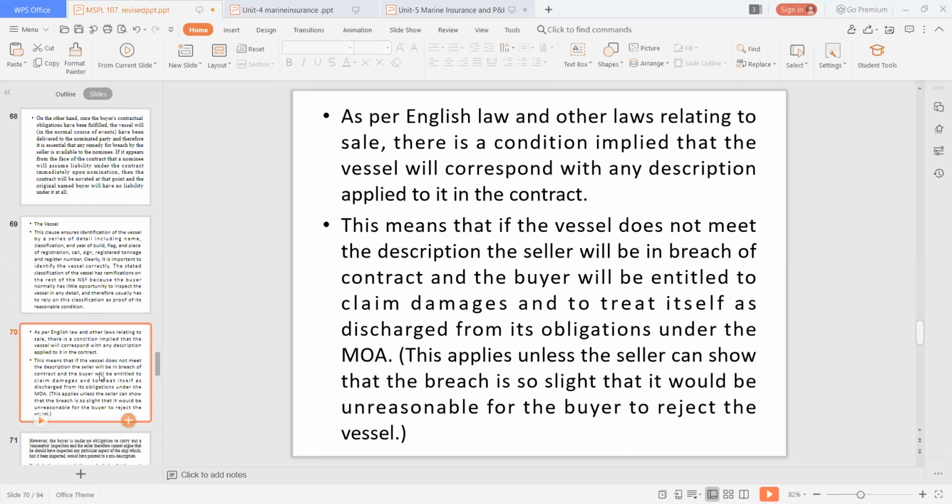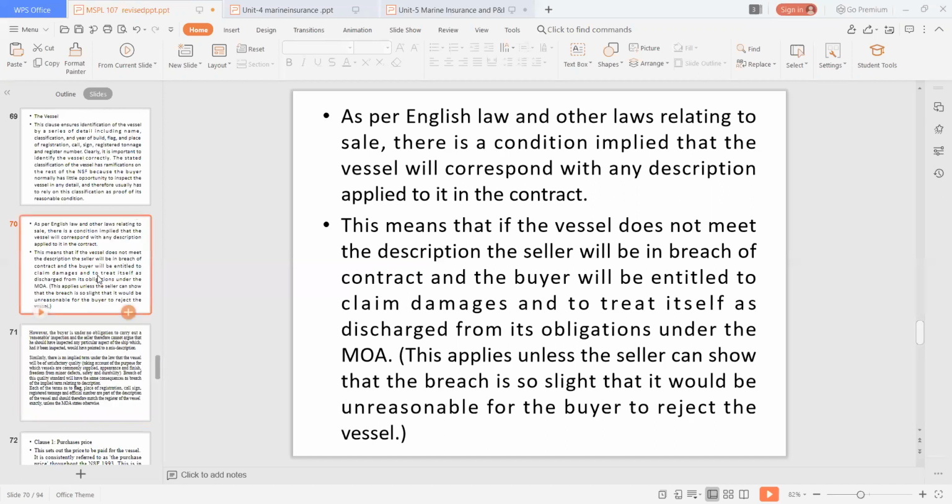So simply nothing but breach of contract, and the buyer can treat itself as discharged from the obligations under the MOA, Memorandum of Agreement. Right? This applies unless the seller can show that the breach is slight, so that it would be unreasonable for the buyer to reject the vessel. These are normal clauses happening here, right?